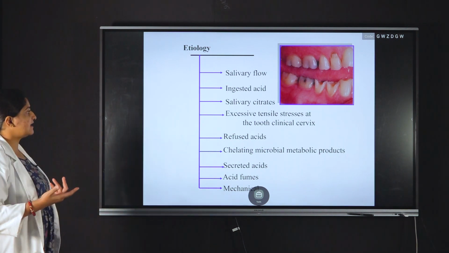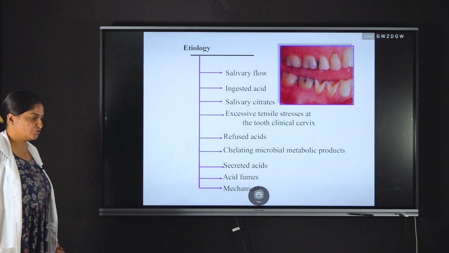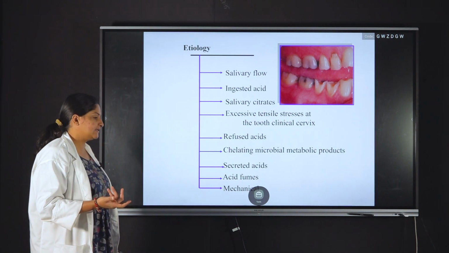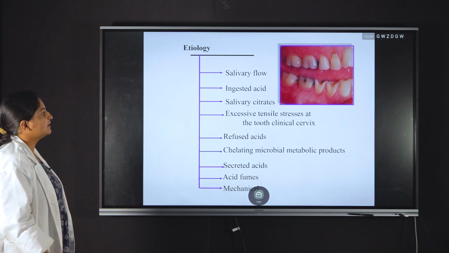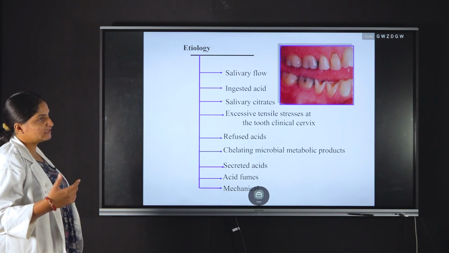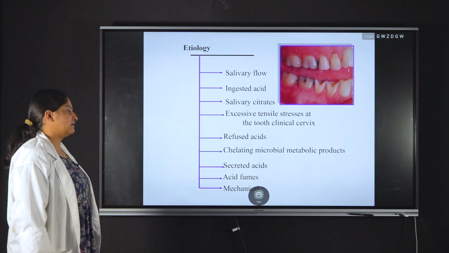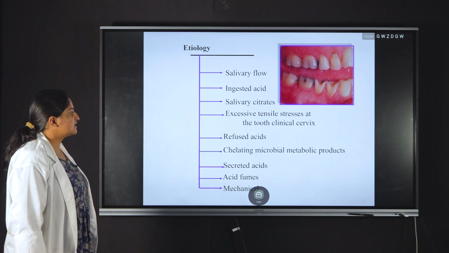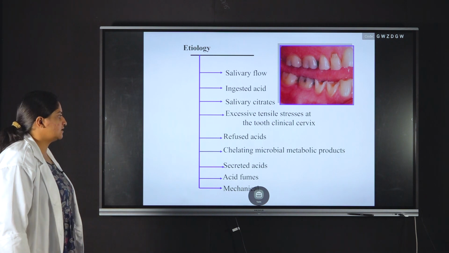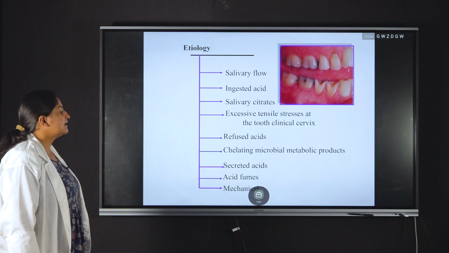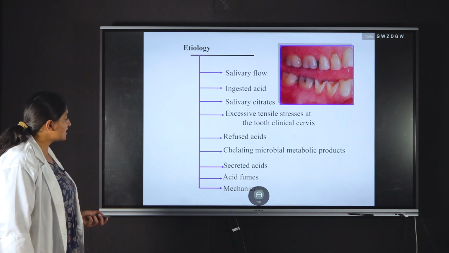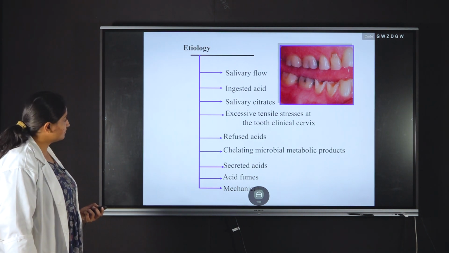And then ingested acid, so accidentally ingesting acid or consumption of a larger amount of acidic substances may also lead to the erosion on the lingual surfaces or the palatal surfaces of the maxillary anterior and mandibular anterior teeth. So excessive tensile stress at the tooth clinical cervix, and refused acids, chelating microbial metabolic products, secreted acids and acid fumes, and mechanical.